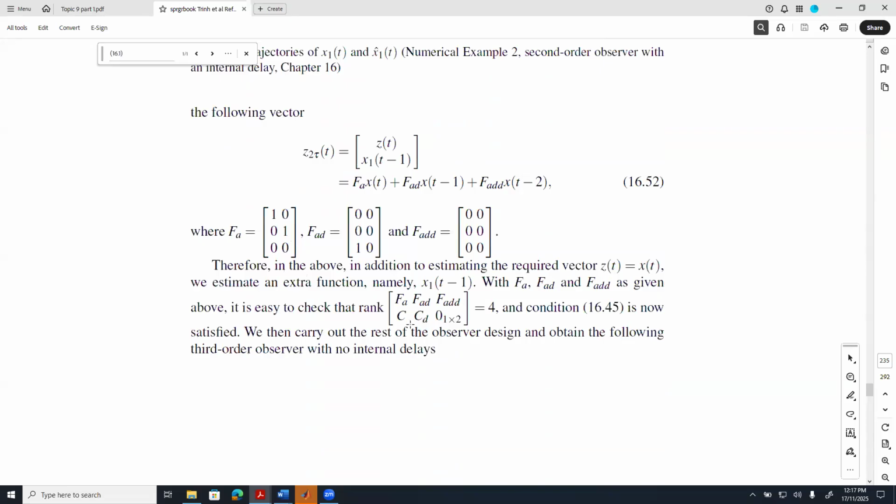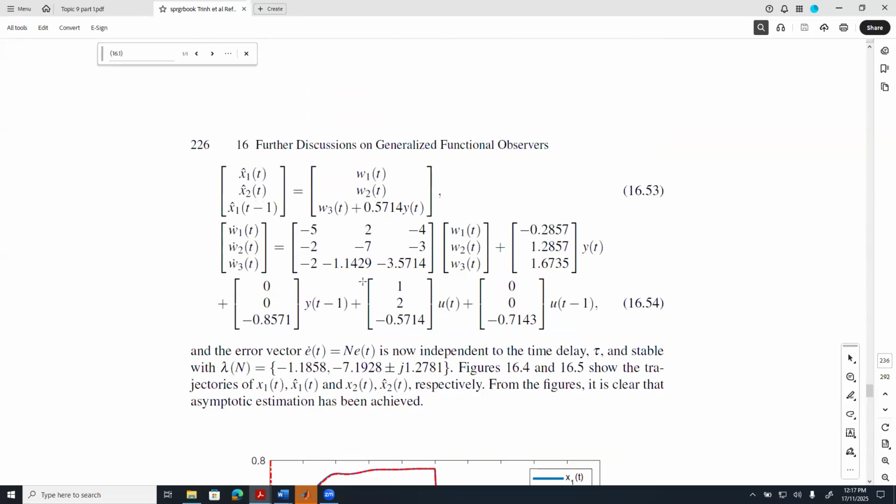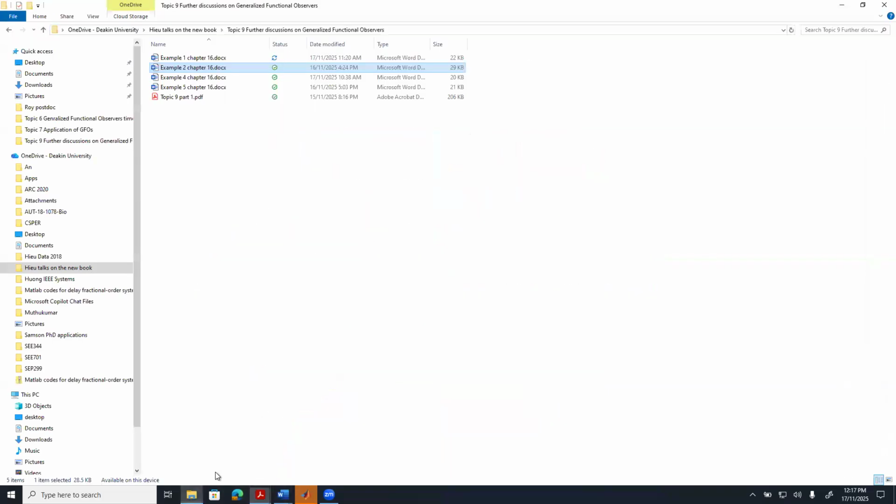And the observer that we have is a third order observer, and that third order observer estimates the two unmeasurable stack variables as well as this extra delay there. That extra delay variable gives us an extra degree of freedom. And so that's also possible.